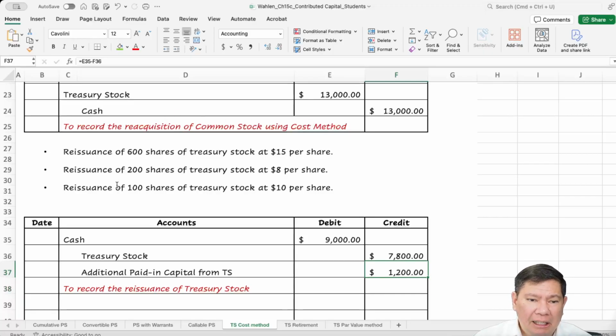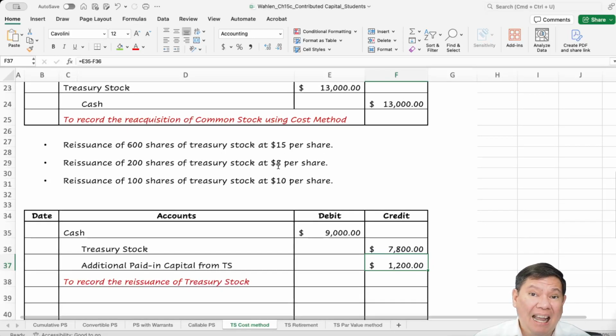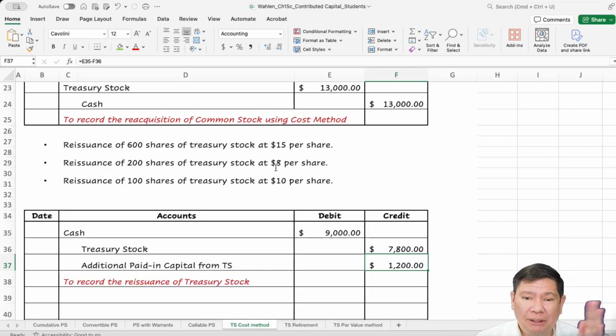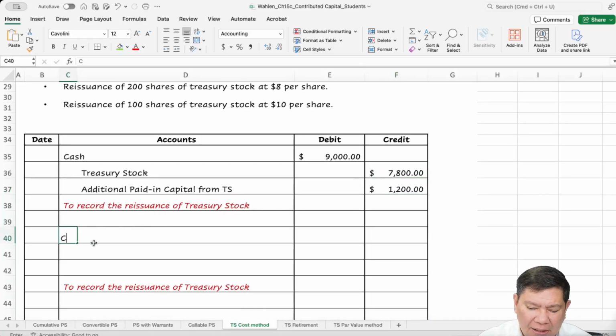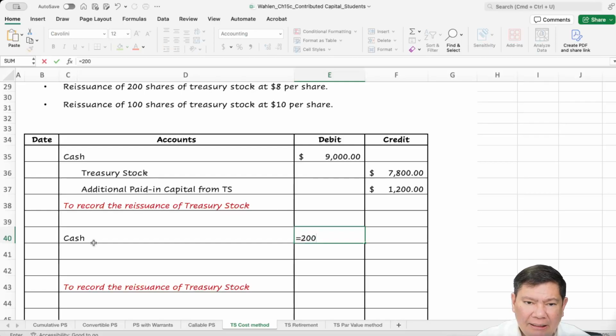And then the company reissued again 200 shares at the price of 8. That's a loss because we bought it for 13 and sold it for 8. Okay, so we get cash, 200 shares times 8.